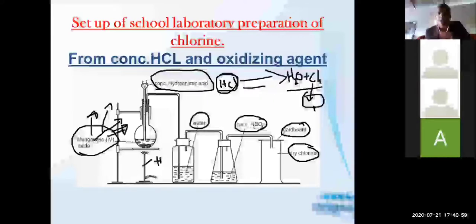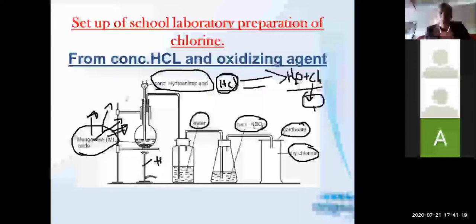So a redox reaction, what is a redox reaction? A redox reaction is a reaction where the oxidation and reduction take place simultaneously.